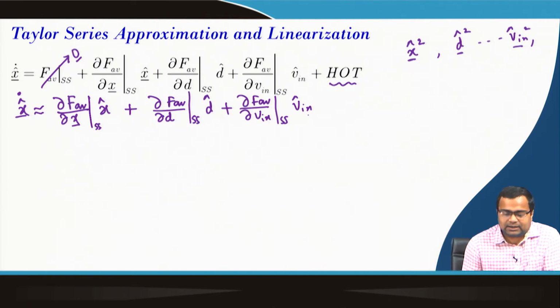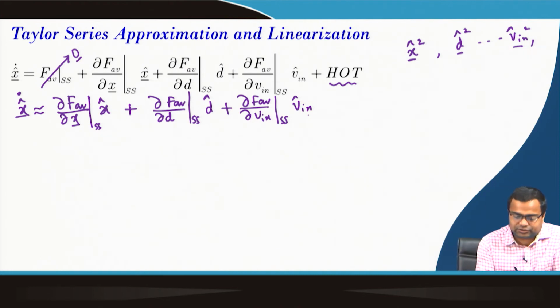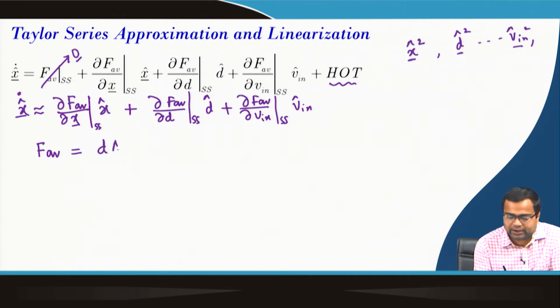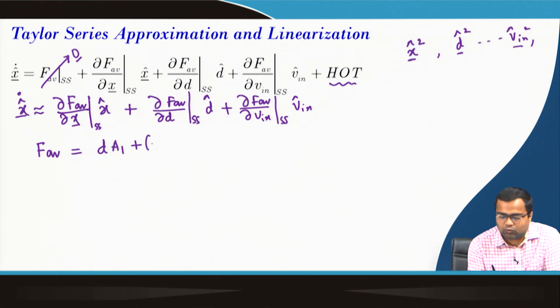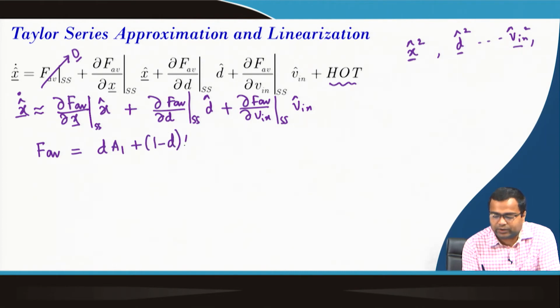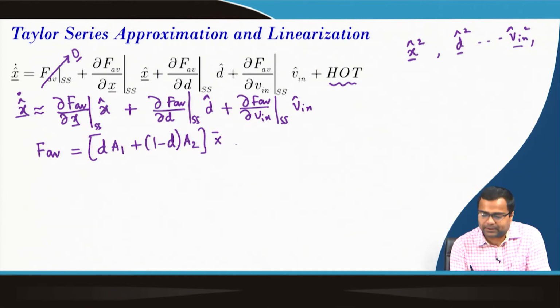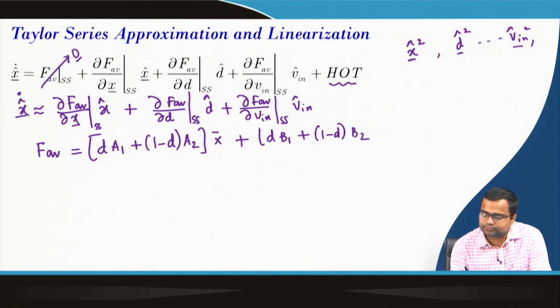Now, the next part, how do you find out f average? If we write f average, we know it was d into A 1 plus 1 minus d into A 2, into x, plus d into B 1 plus 1 minus d into B 2, into v.